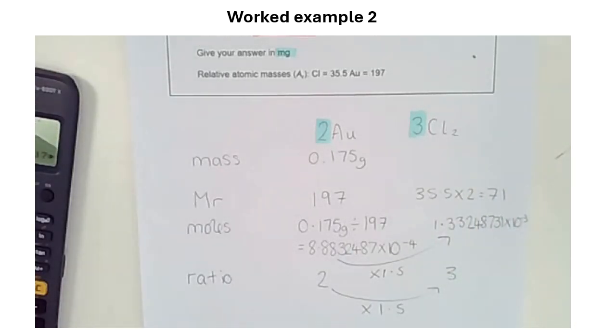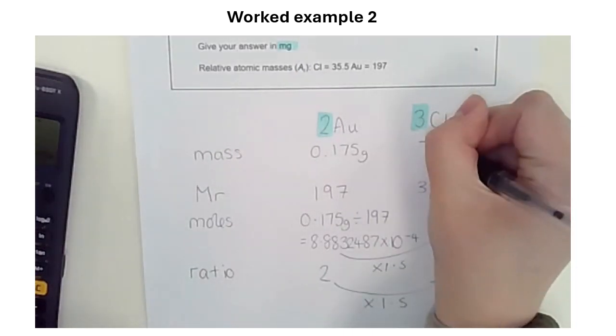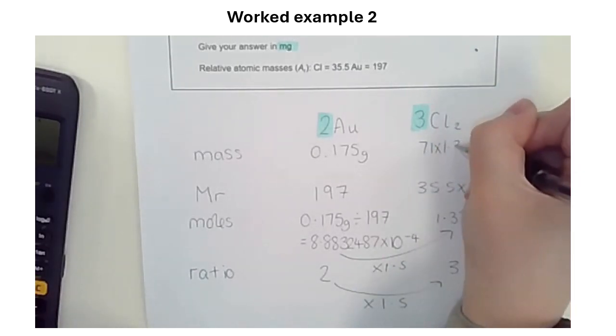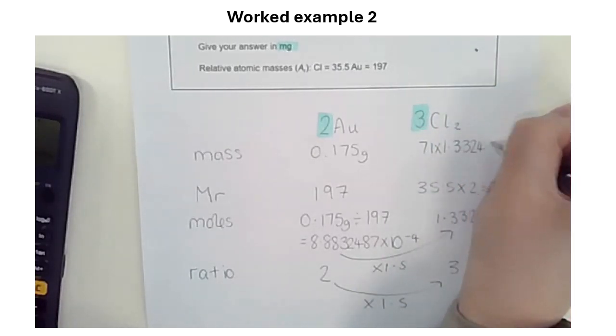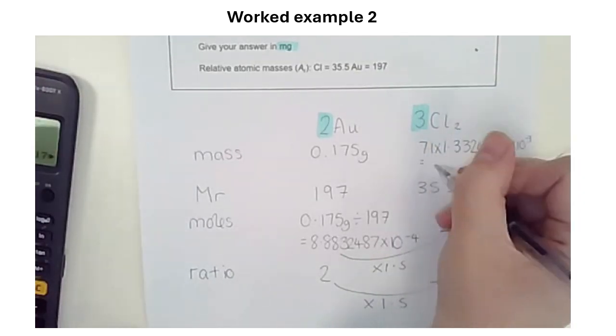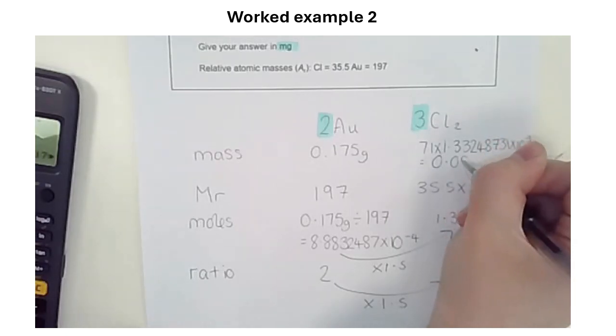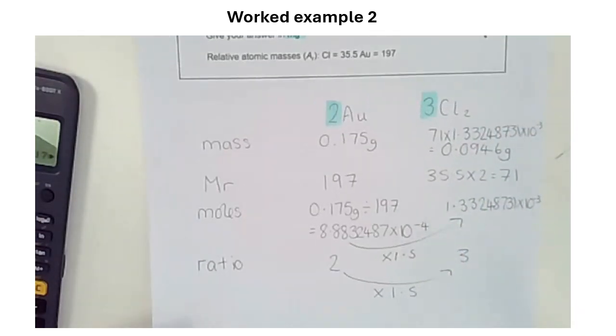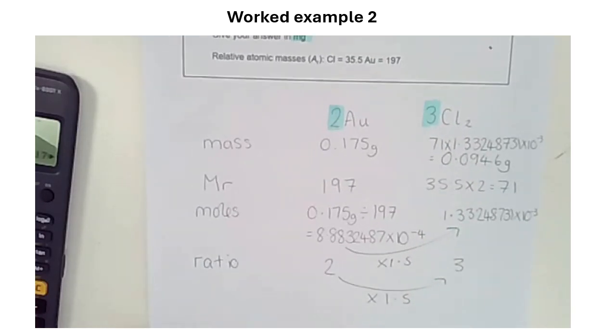And my final step then, and remember I'm showing my working at every single stage, is that 71 multiplied by 1.3324871 times 10 to the minus 3 is going to give me a value of 0.0946 grams. Okay, I can start to round now. I am at the end.